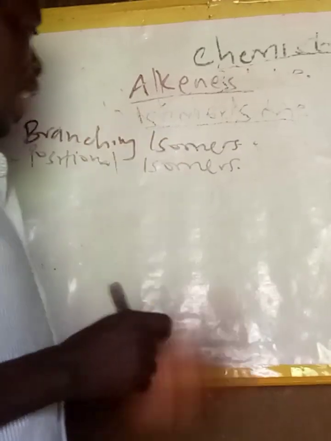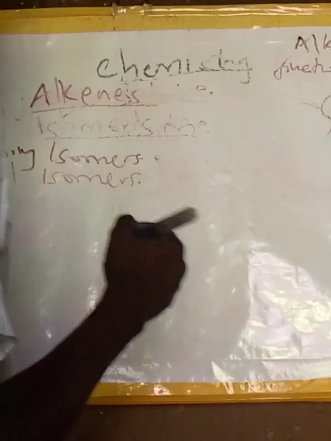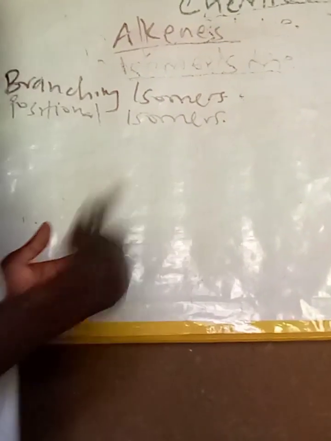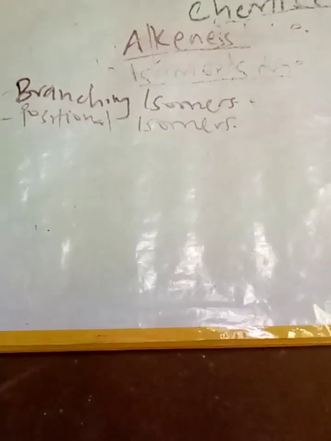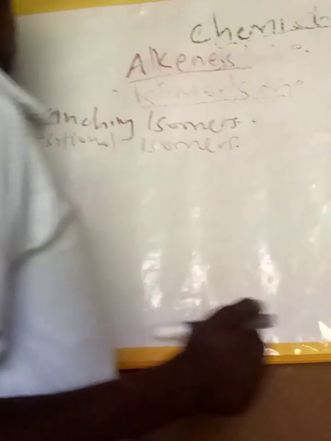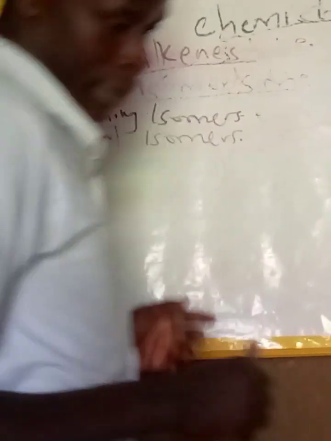So when you start with branching isomers, here we are playing with the substituents, the branches, the methyls, the halogens, hydrogens. That's what we are playing with. We shift a methyl to another carbon, then we form isomers for that one compound.